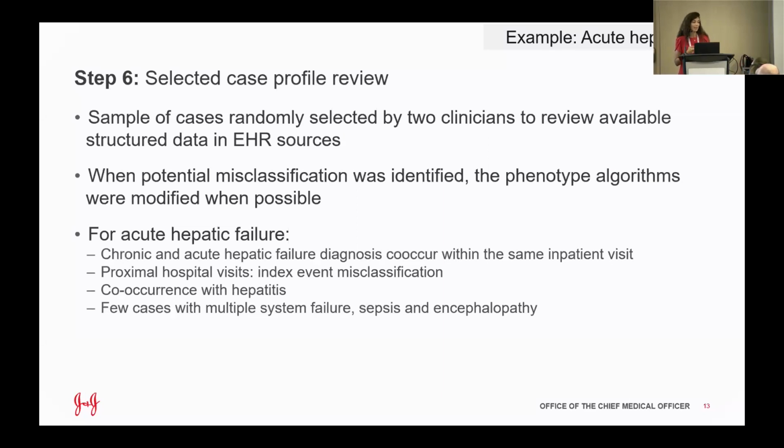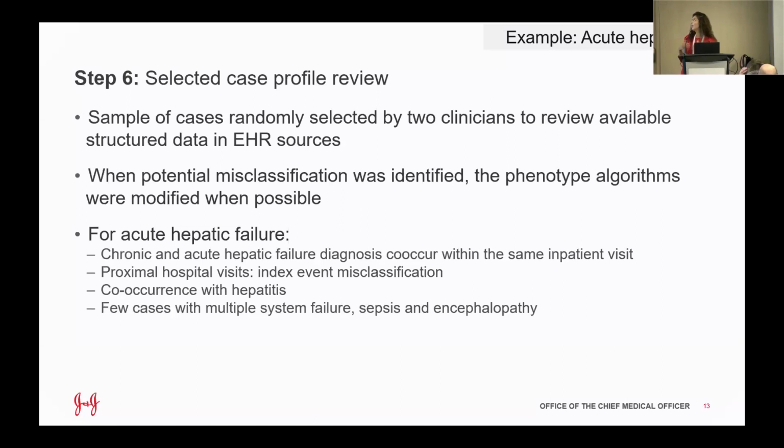Then the sixth step is where we selected cases. We looked at their patients' profiles again. This is structured data. This is not the full record with all the story of the patient. But what that gives you is, again, some clinical validity, or maybe identifying error in the phenotype.